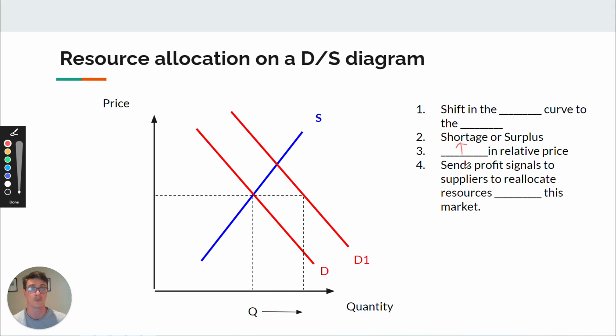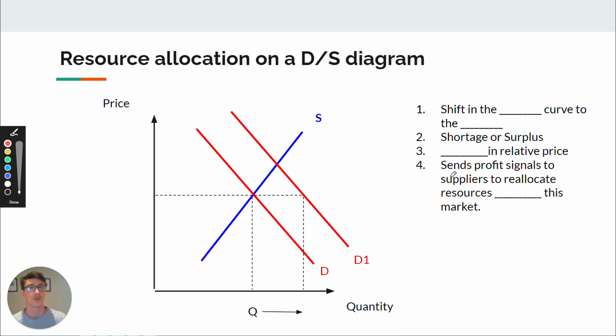Okay. Now we know, as we said at the start of this video, that if the relative price increases, then that will lead to more resources being allocated to this particular market. And this is what happened in Australia. The price of gas increases, mining companies start to go, well, maybe we allocate more resources towards gas and less towards other commodities. And remember, that just means more labour, more equipment, more of their land towards producing this particular product.